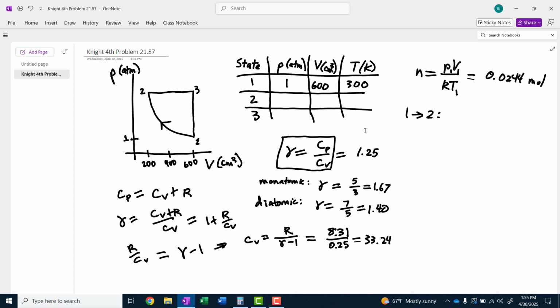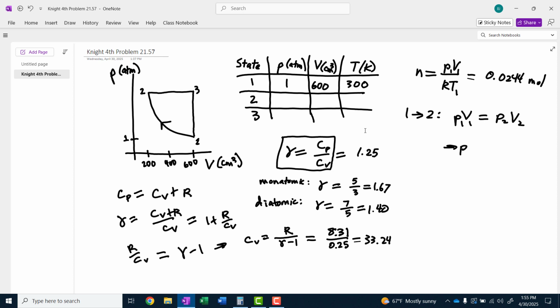So if you look at the ideal gas law and you separate everything that changes from everything that doesn't, putting everything that does change on one side, you're going to find that PV is constant for an isothermal process, which means P1V1 must equal P2V2, and we can solve that for pressure 2.